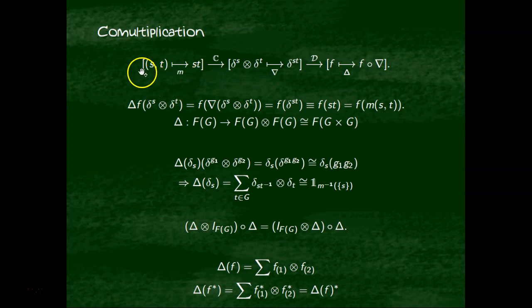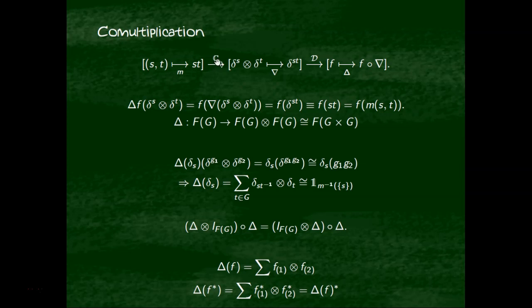So this is in the category of sets, where our group is a set, and we have a morphism here. This is the group multiplication, where you take a pair of elements in the group, in the set, and you multiply them together. Okay, no problem. So this is just a group multiplication, no issue at all. Now what we do is we apply what's called the free functor.